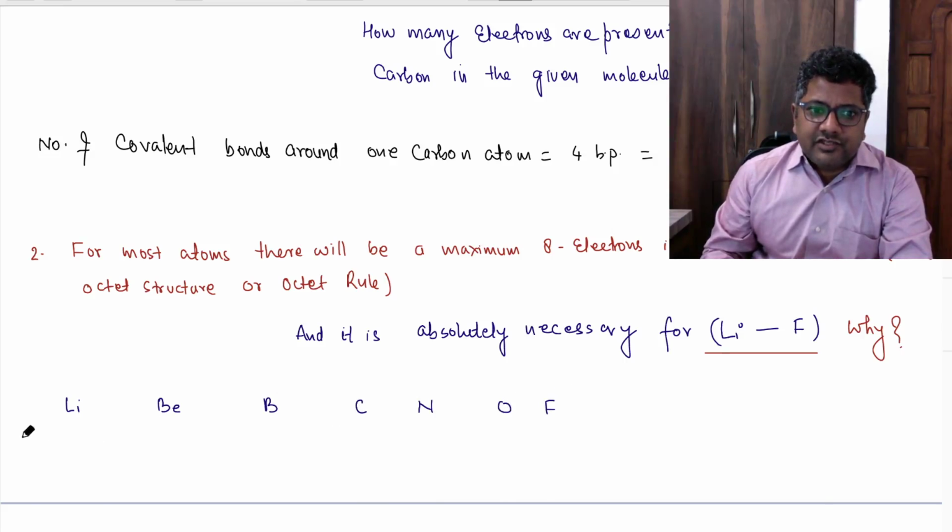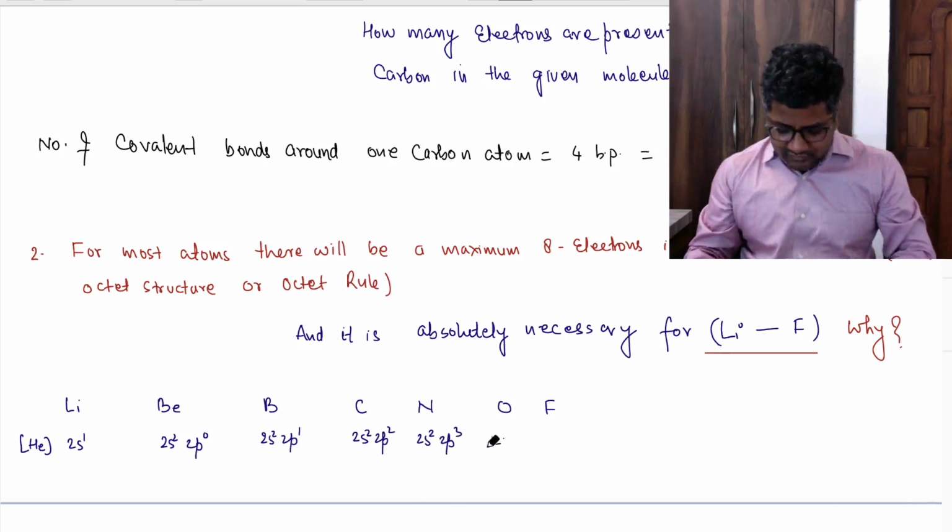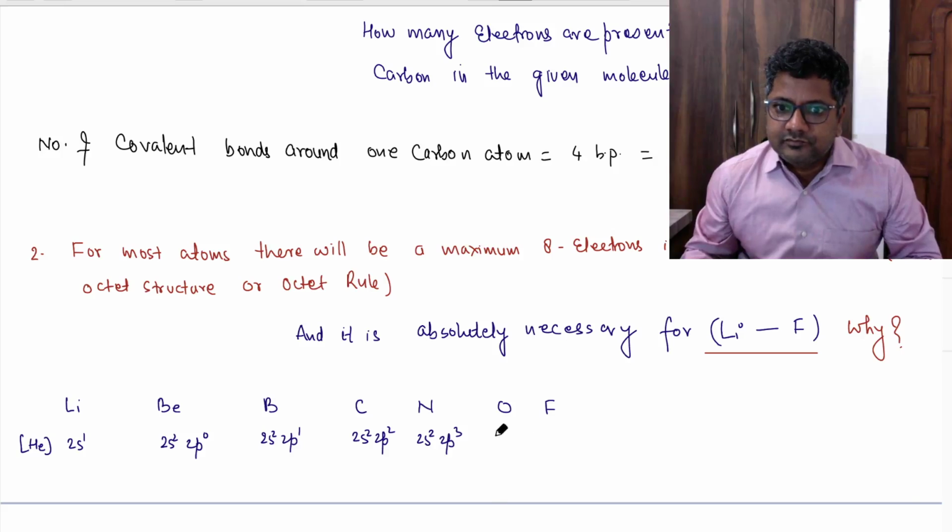What is the valence shell electronic configuration? The core of every atom is helium, and this is 2s1, this is 2s2, 2p0, 2s2, 2p1, 2s2, 2p2, 2s2, 2p3, 2s2, 2p4, 2s2, 2p5.